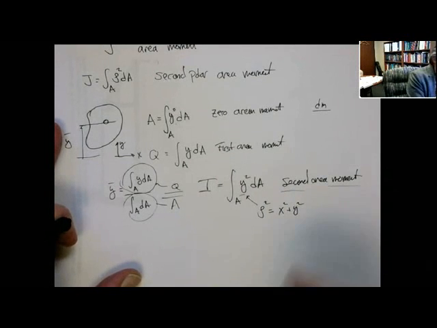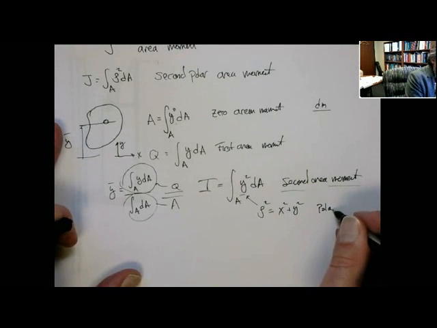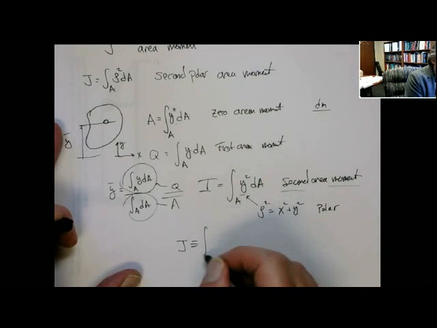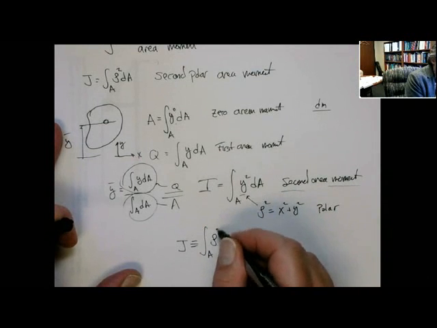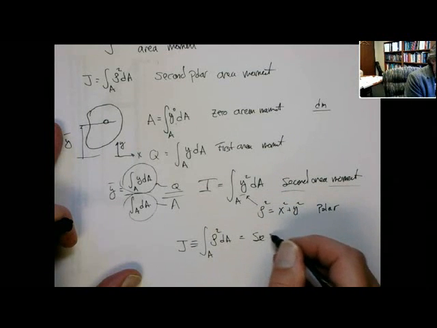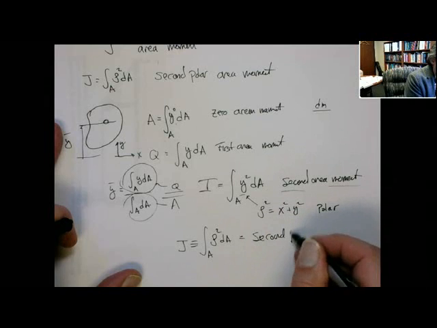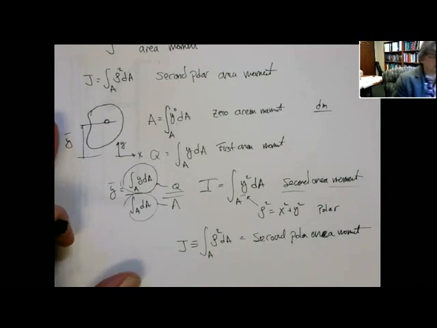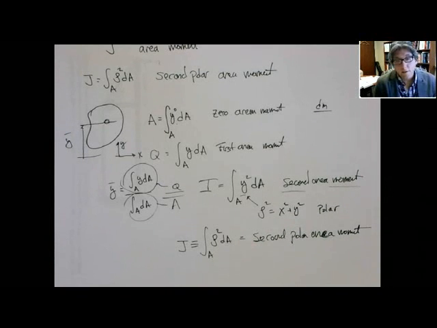So that's what makes this polar area. So this is J, by definition, the integral over the area of rho squared dA. That's the second polar area moment.